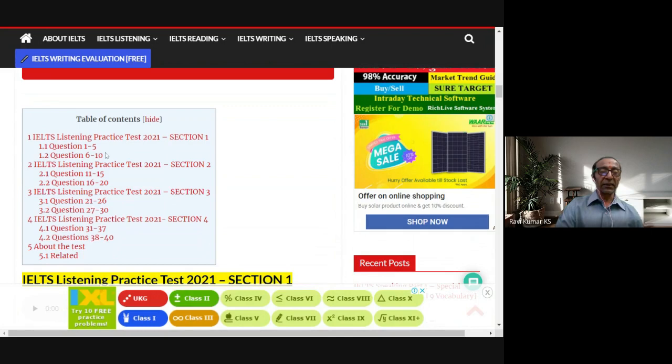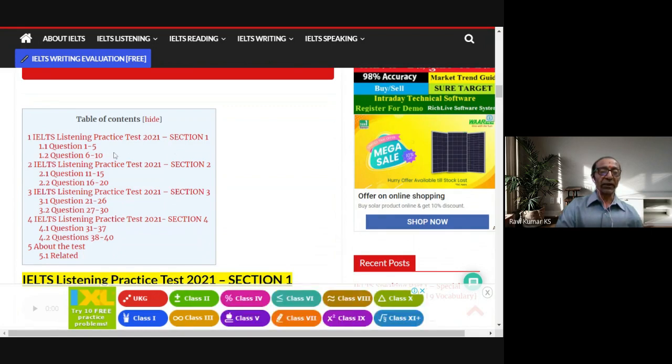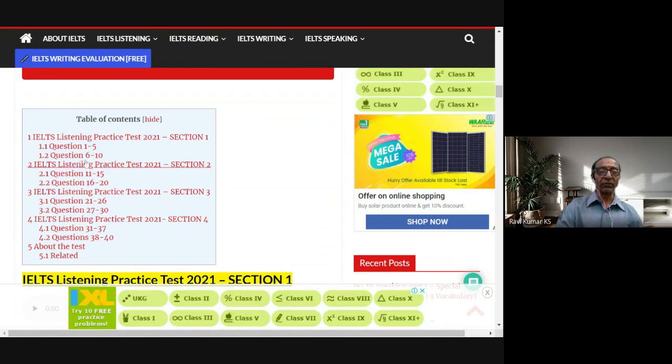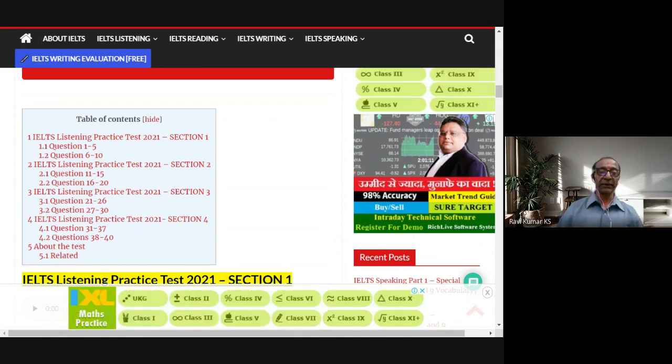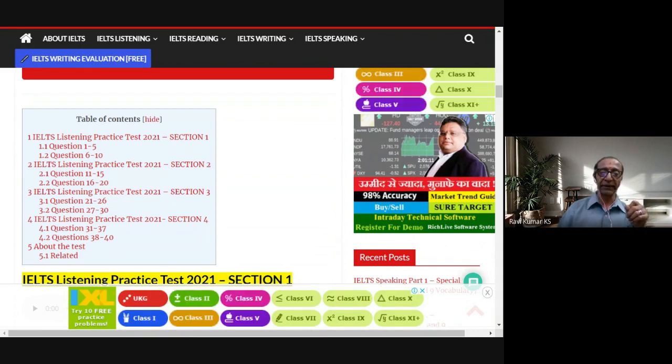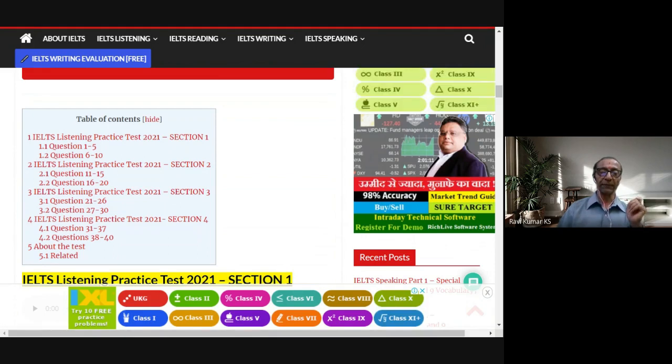It says listening practice test section 1, question numbers 1 to 5, and then it will be from 6 to 10. So in the first listening test, you'll be having 2 parts. The first part is from questions 1 to 5, and the second one will be from 6 to 10.